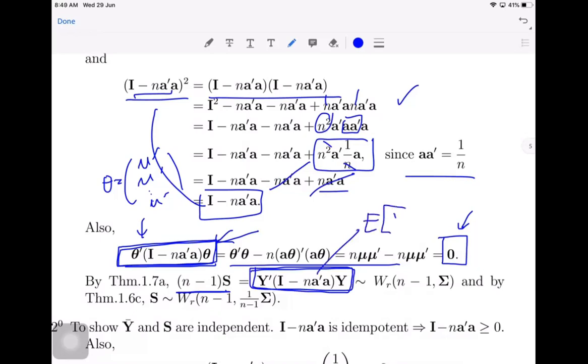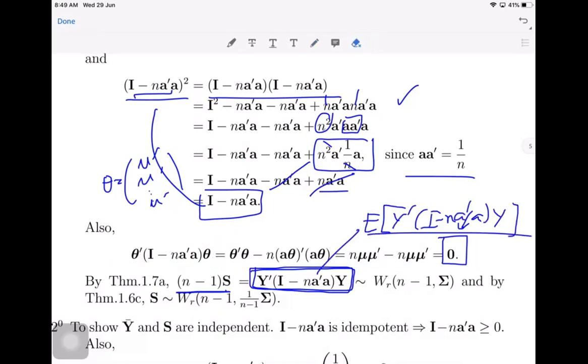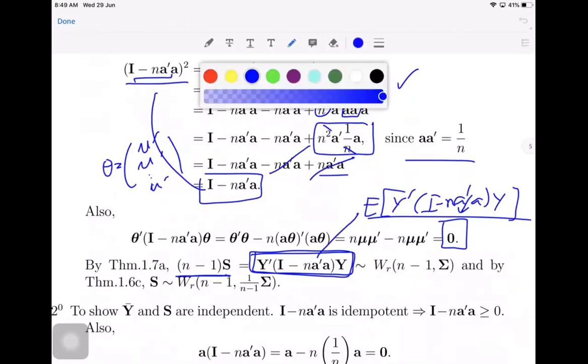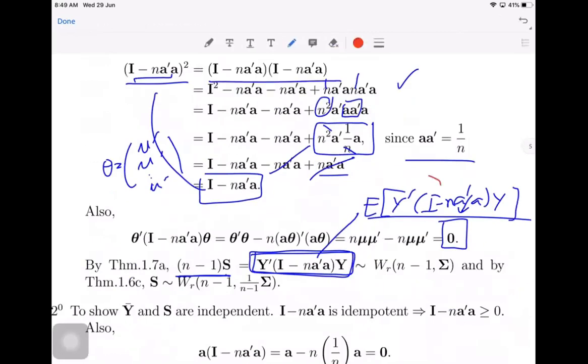This is actually the expectation of this y prime a prime a y. So if you get the expectation of that, that is actually this. Okay, your y here is theta prime, and this is theta. So what we are looking at here is the non-centrality parameter, which is just 0.